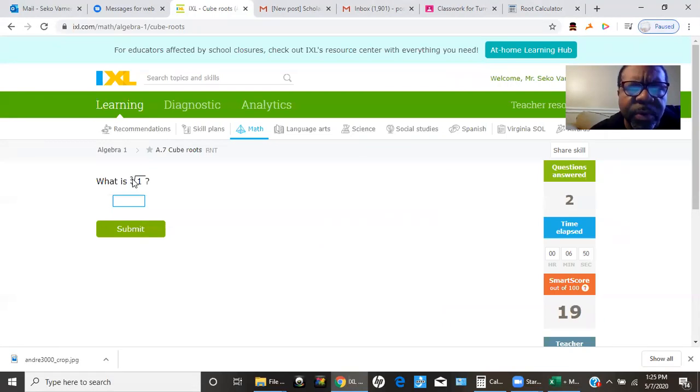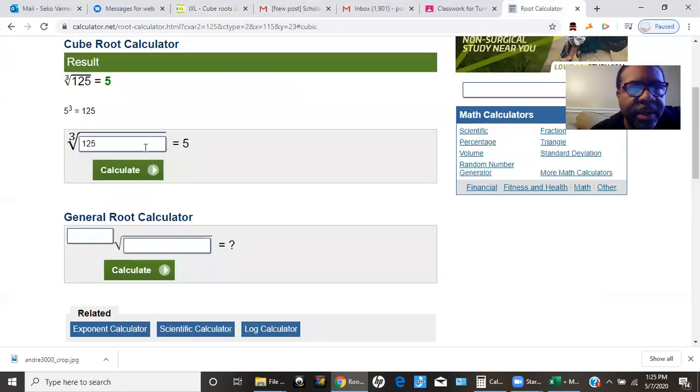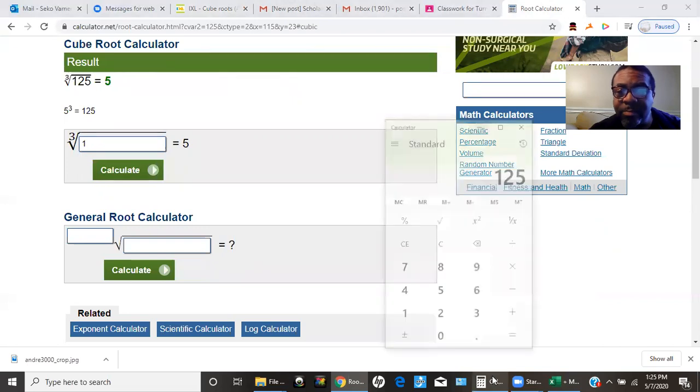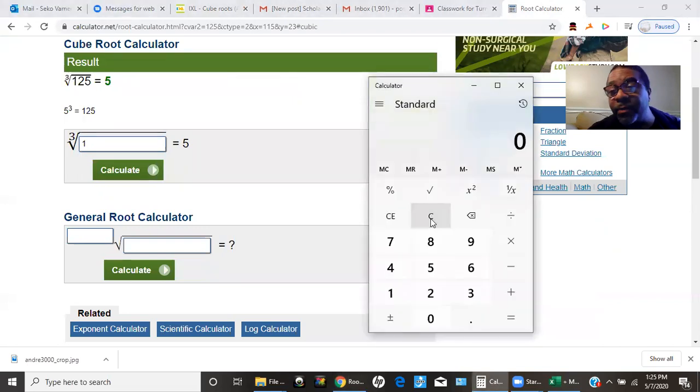What's the cube root of 1? So we can go back to the cube root calculator and we'll just do a 1 this time. All right, so think about it. What times itself would equal 1? That's an easy one because 1 times itself is 1.